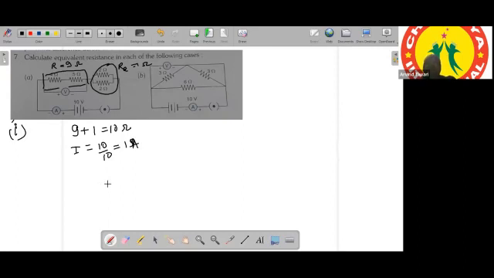Now for the second diagram, see for the second diagram, 3 ohm, 3 ohm, 6 ohm. You have a voltmeter drawn over here.